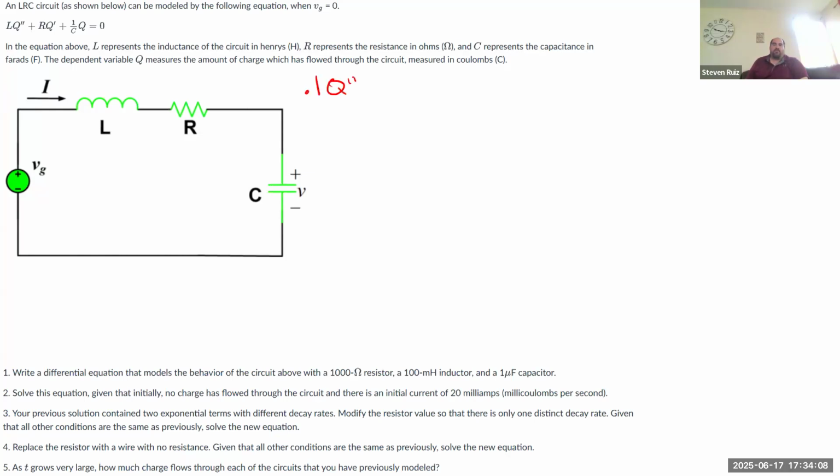So 0.1 Q double prime plus R Q prime plus 1 over C, which ended up being 1,000,000, Q equals 0. Now we want to dial in this R value so that instead of having R1 and R2 that are distinct, I essentially want R1 and R2 to be identical.